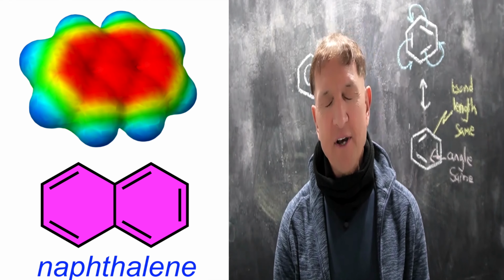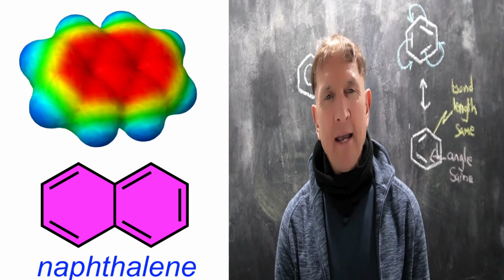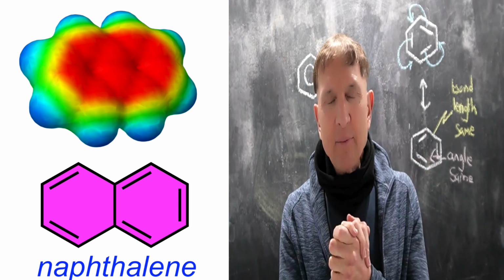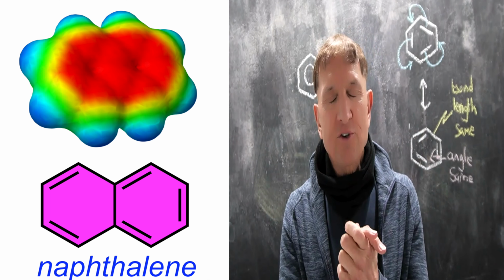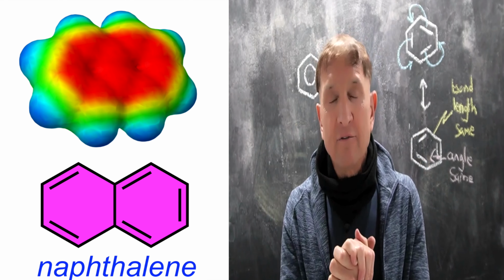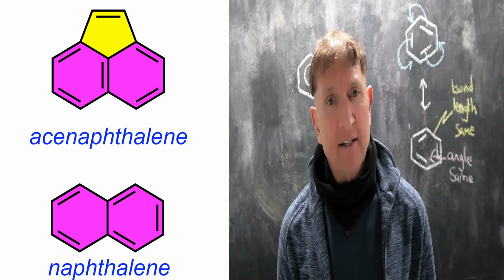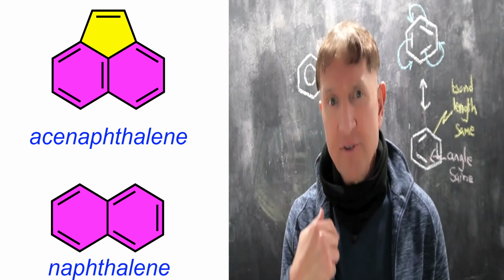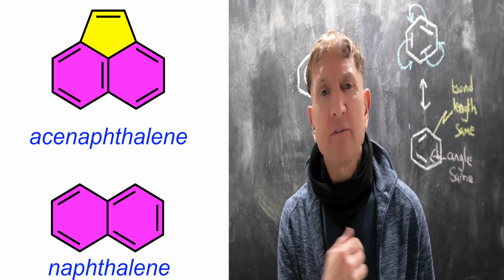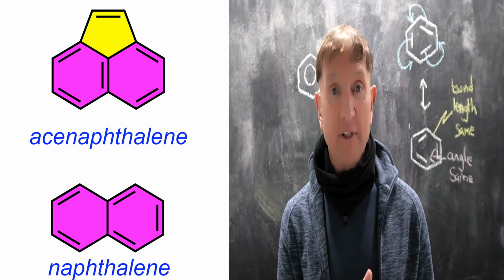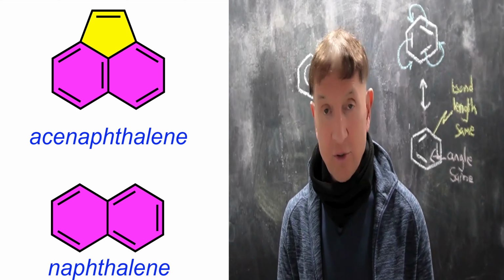Okay, is the 4n plus 2 rule inviolable? Let's look at a few examples. Well, how about naphthalene? Naphthalene is flat. How many electrons? 10, 4n plus 2, fine. What about acenaphthylene then? We add another 2 electrons. No, not fine anymore. That's 12 electrons. That's not a Huckel number.